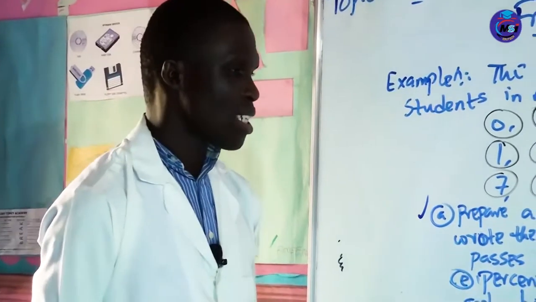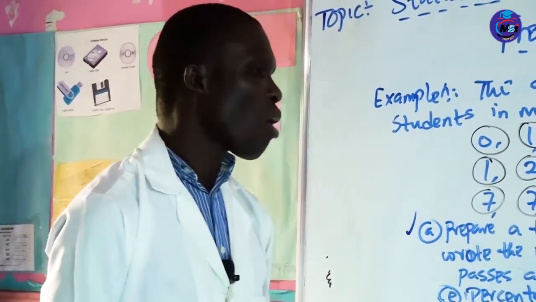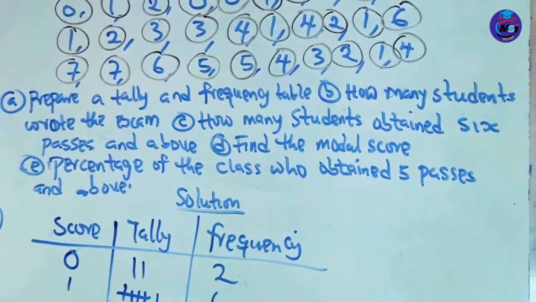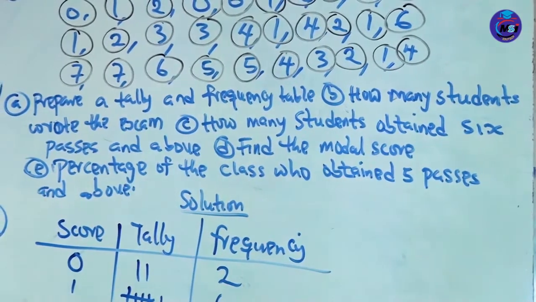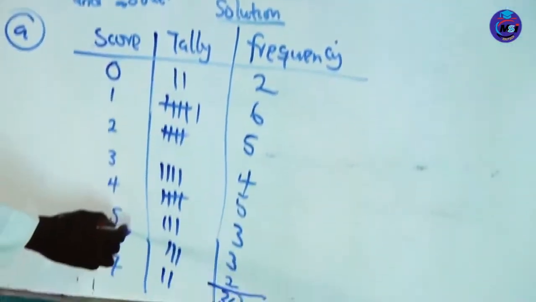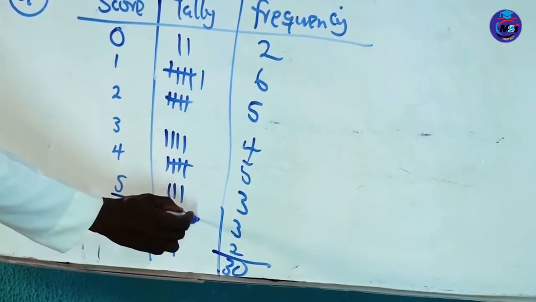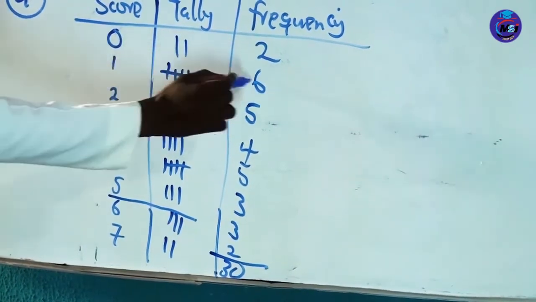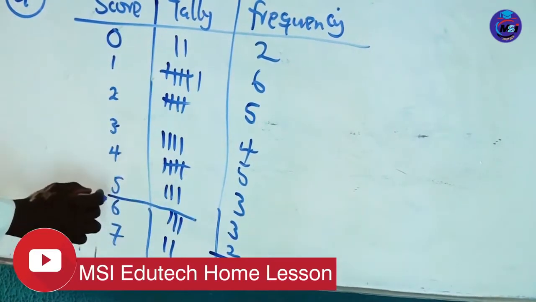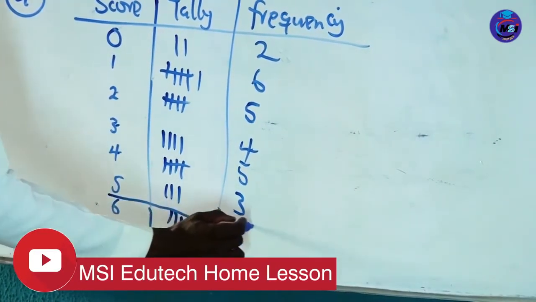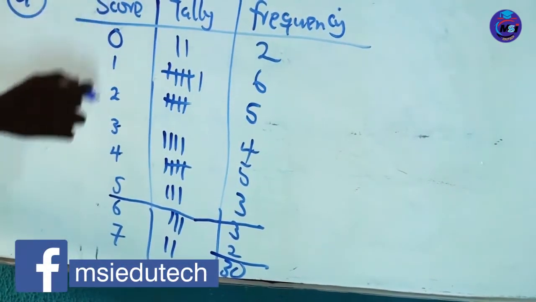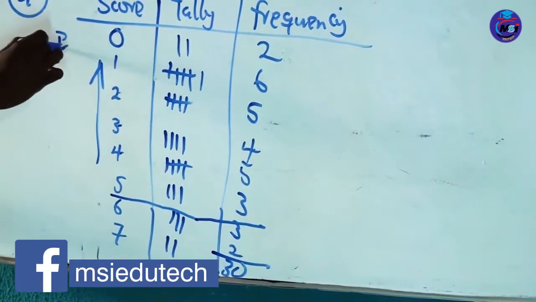Okay, now let's look at C part. How many students obtain 6 passes and above? If you look at this, from 5 upward, these people failed.